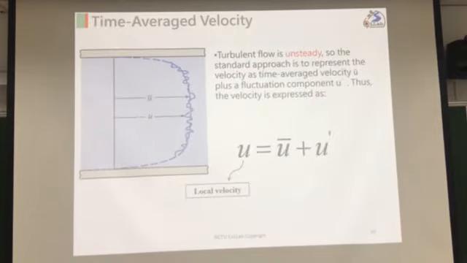In that case, we usually find the average velocity for the uniform flow, and we add some fluctuation velocity, like u prime here. But as I mentioned, there is no solution for predicting u prime. So until now, it's very difficult to understand.